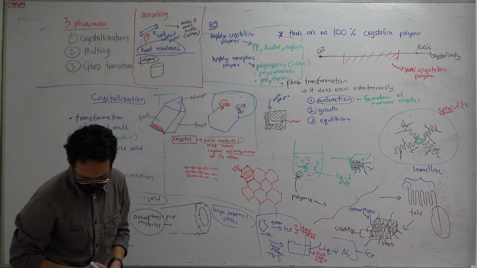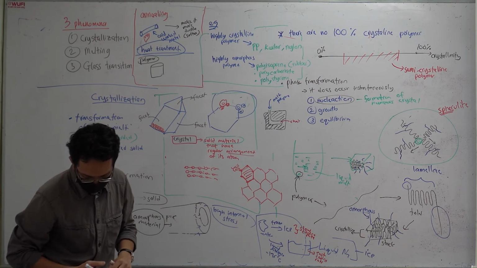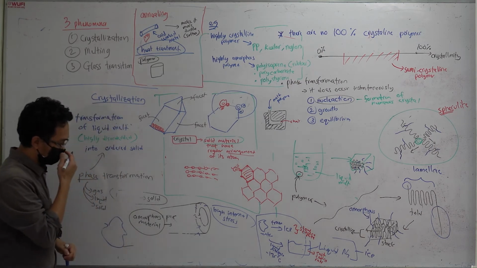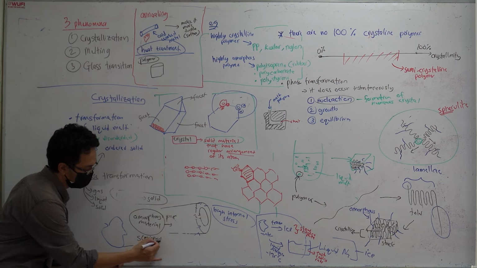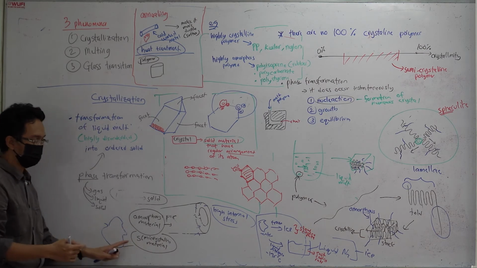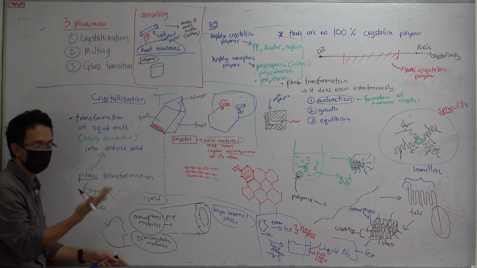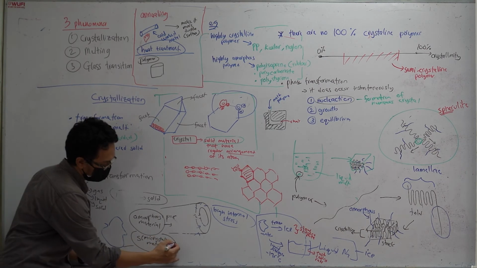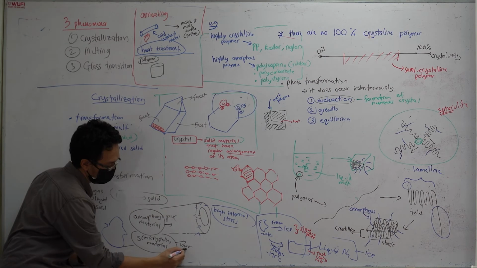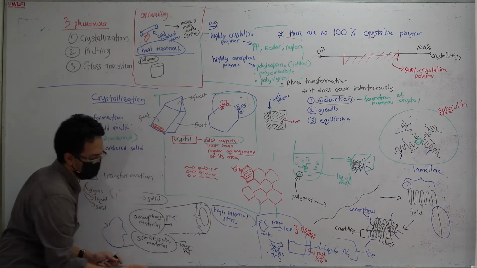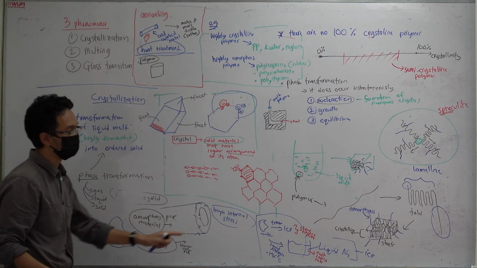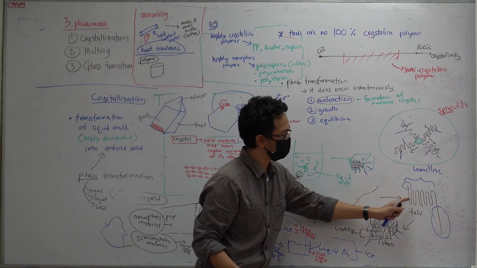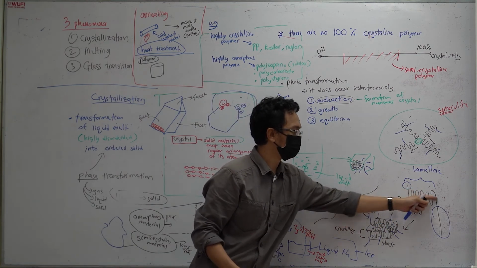But if you have semi-crystalline material, meaning that inside the liquid melt there are also crystalline regions, when you lower the cooling rate, they have more time to form the crystalline structure.